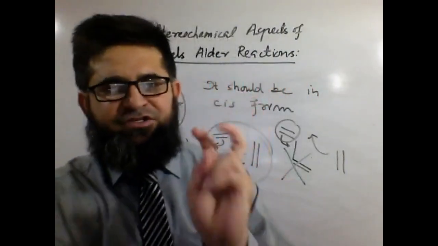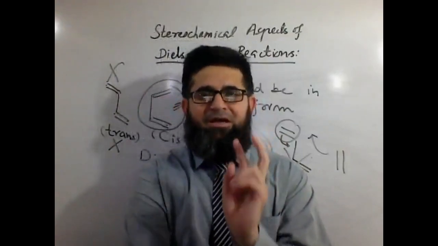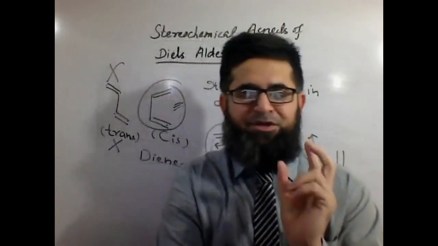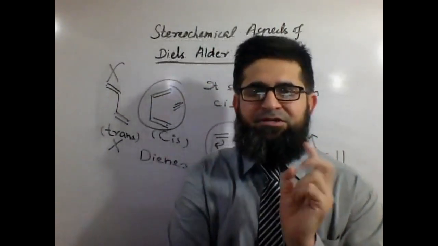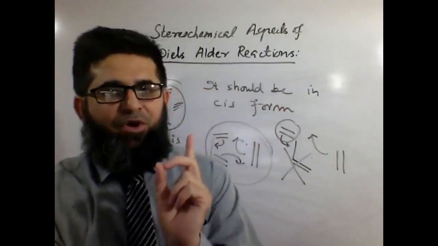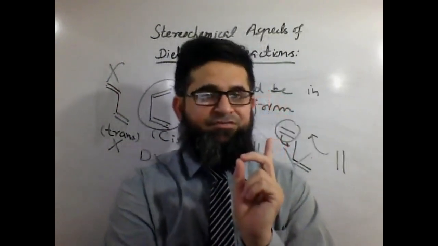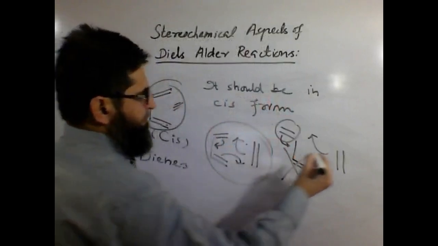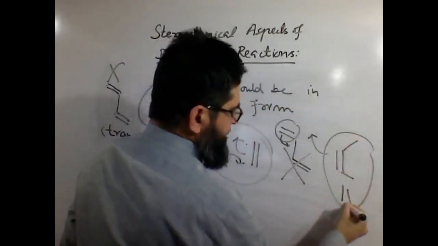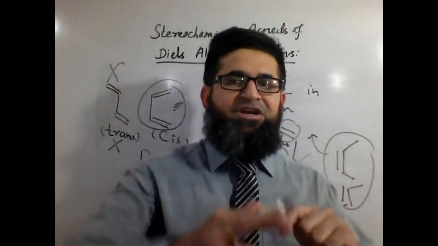So I have discussed two stereochemical aspects with you. The alkenes show cis and trans isomerism. In the Diels-Alder reaction there are two components: one is the diene, the other is the dienophile. About the dienophile, I've told you it can be in cis form or trans form, no problems. Whatever the form is, it will remain the same in the product.